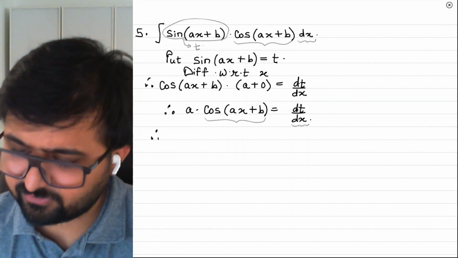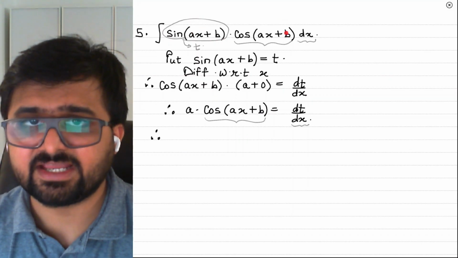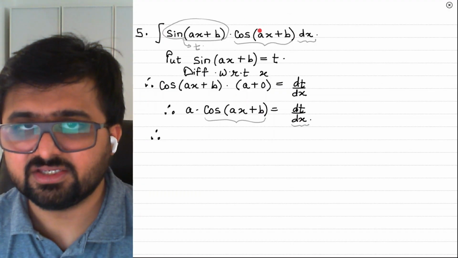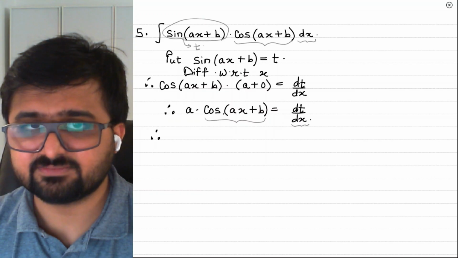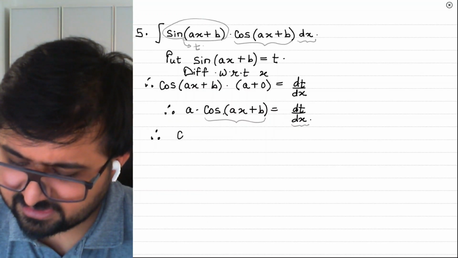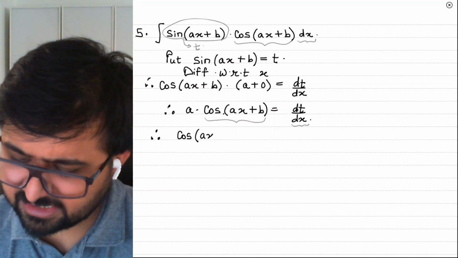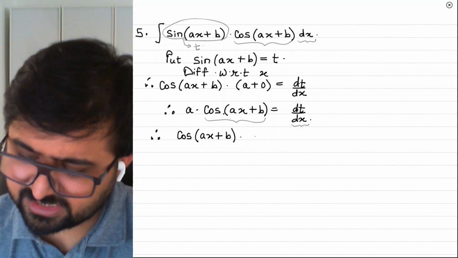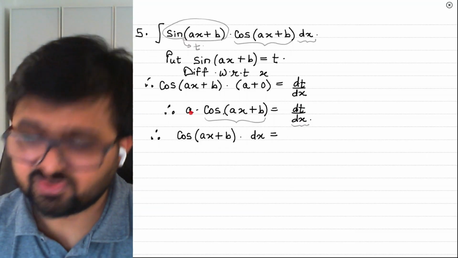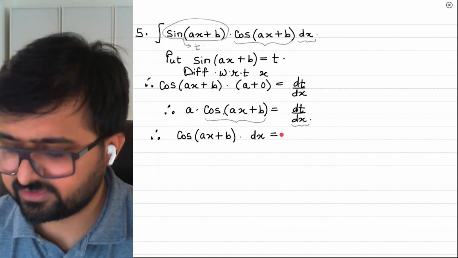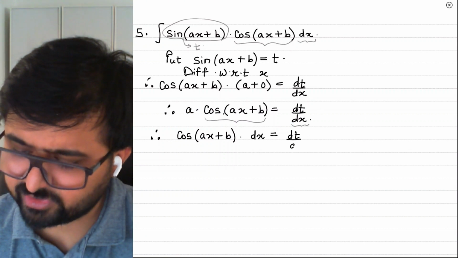If you want to convert this entire function in terms of t, you can write cos ax plus b times dx as, you can just take that a in the denominator, dt over a.